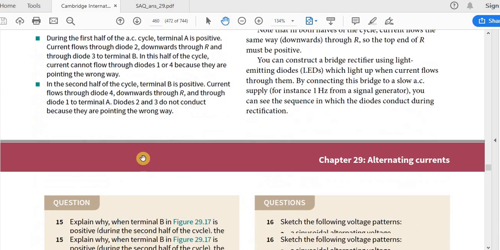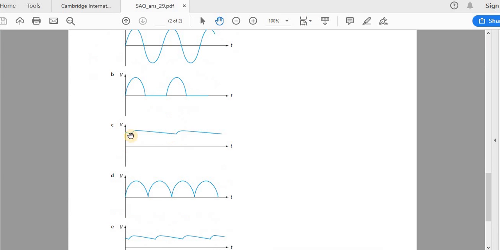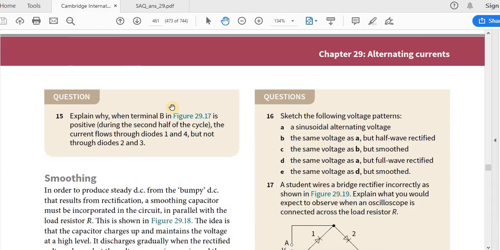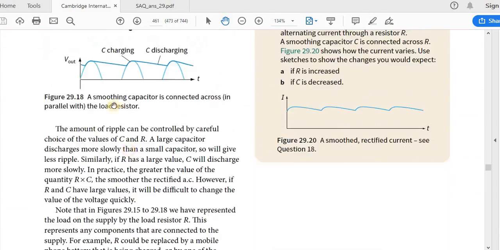It's because it's alternating. Then the same voltage as B but smoothed. So you will get this. This is the top of the crest, so that corresponds to this part. Once it is smoothed, this graph becomes this one. You don't need to draw the parts here.